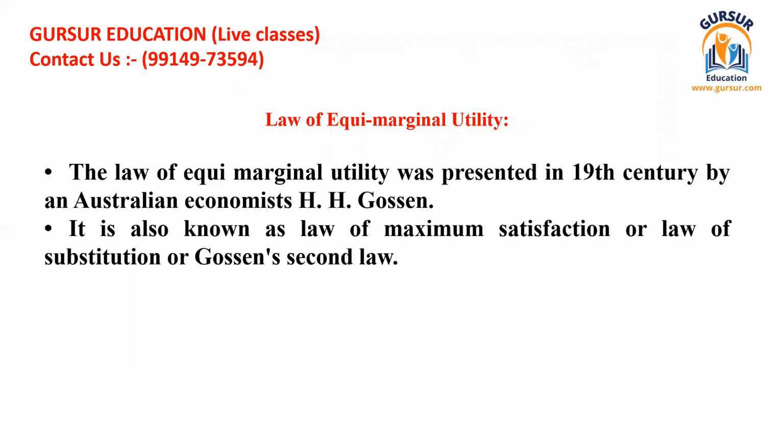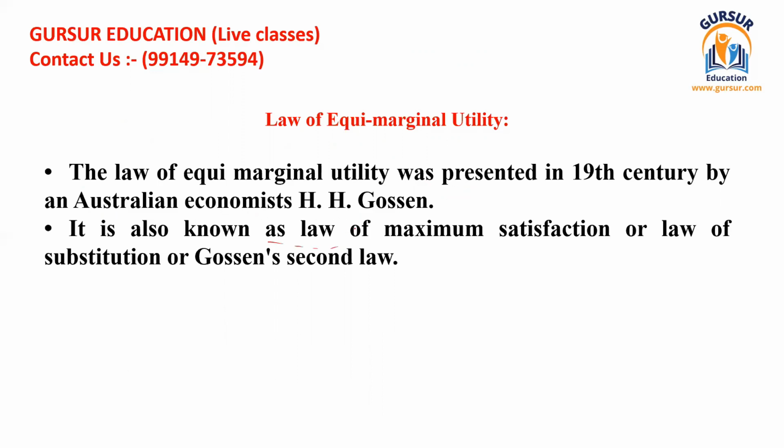The next one is the law of equimarginal utility. You would understand this law only if you have understood the law of diminishing marginal utility. The law of equimarginal utility was presented in the 19th century by the economist H. Gossen.